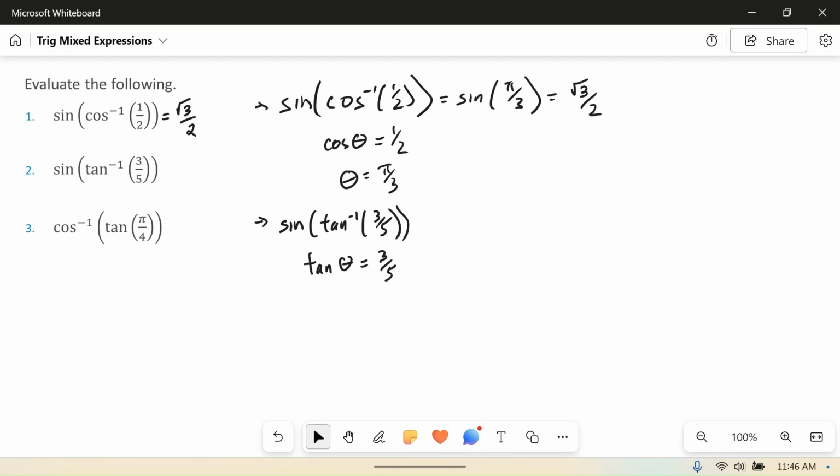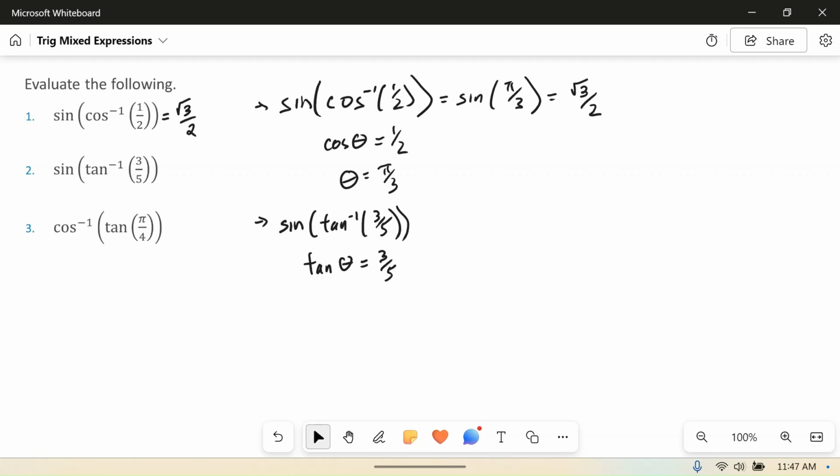Usually for tangent, we would like to see 1 or -1, 0, or square root of 3 or 1 over square root of 3, which this obviously is not. So figuring out the angle that makes tangent equal to 3/5 is a little harder, and we would actually need technology to do that.